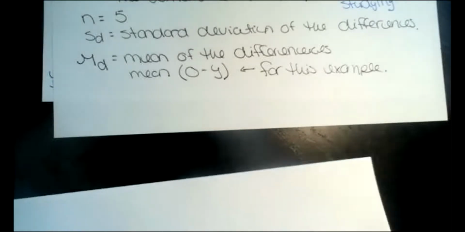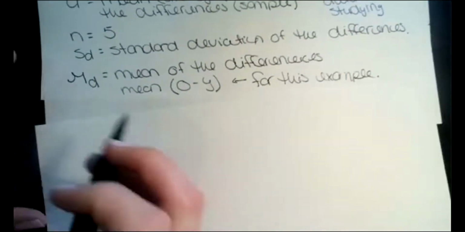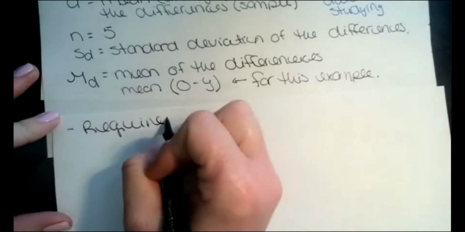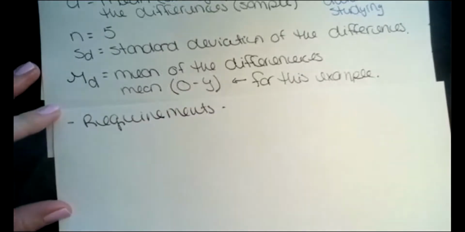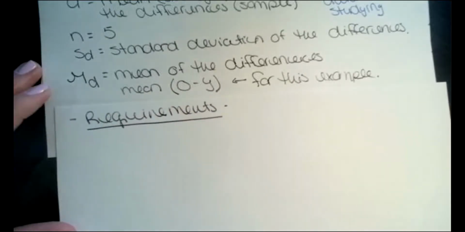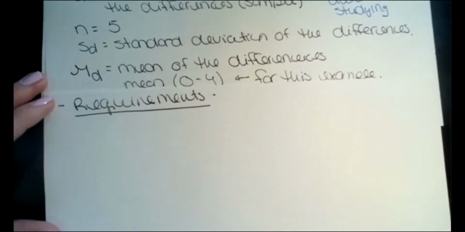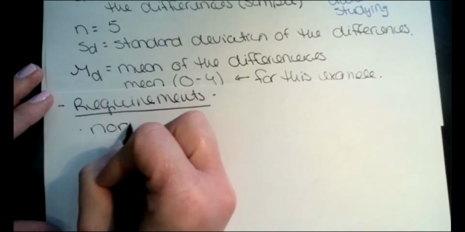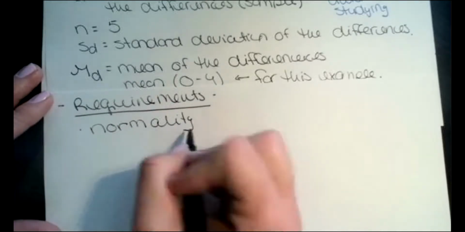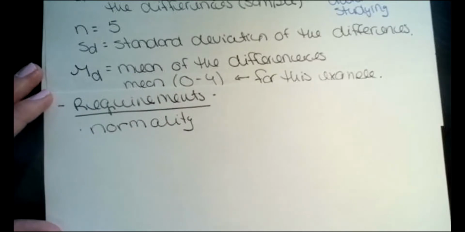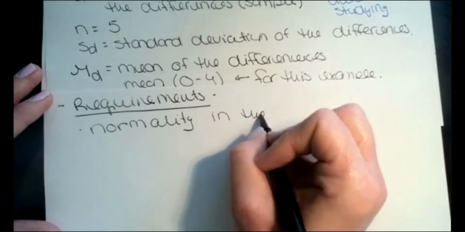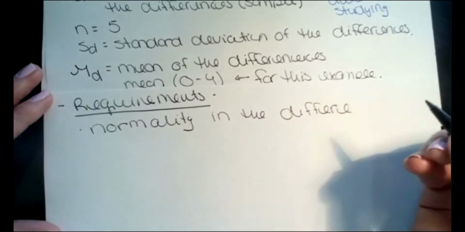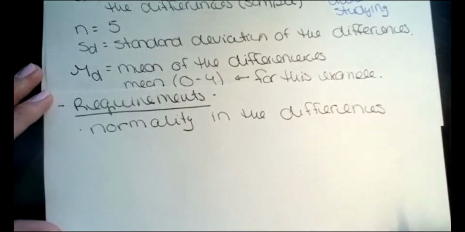So let's check these requirements and these assumptions for this test. We already know what they are. So my requirements here, we have 2 requirements for our T test. So we need to check for normality, but we need to check for normality in the differences. And this is where it changes for us.